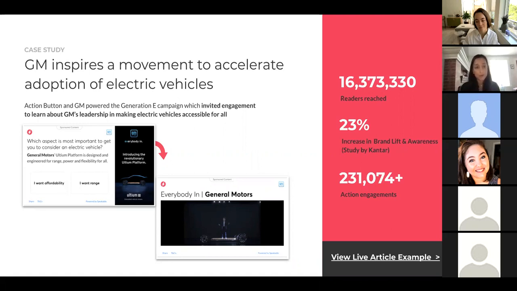We were really proud of the results from this campaign. The industry average for brand lift is typically 1.9%, and through this campaign, we accomplished a 23% increase in brand lift, which just shows that placement in the right context is really key to deliver your message in the right moments. And we also had over 200,000 people engage with the ActionButtons while they were reading content.